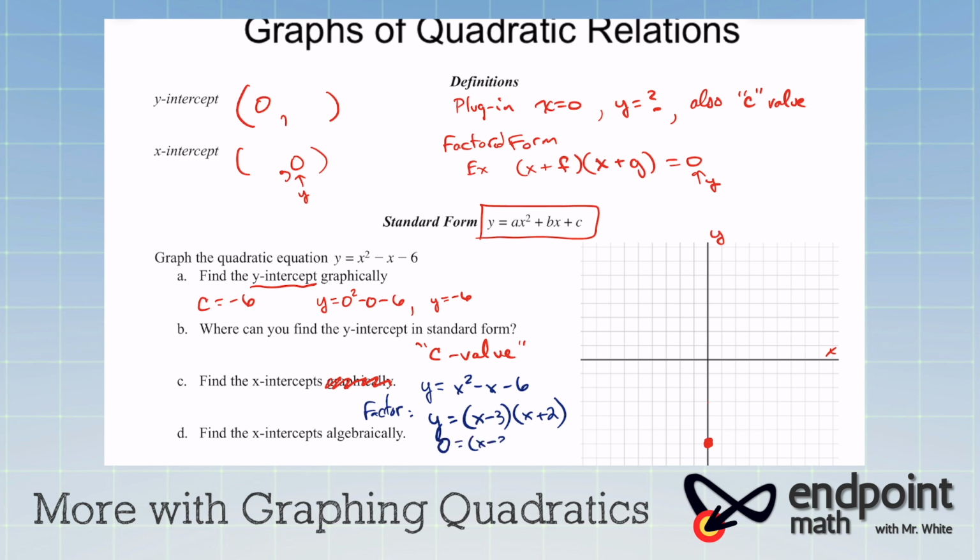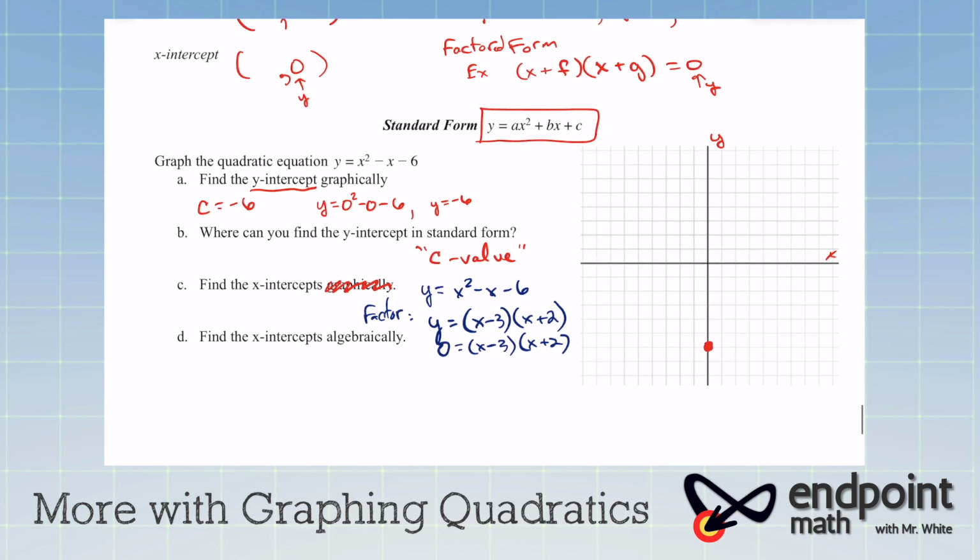And you remember earlier when you were solving quadratic equations and it's set equal to 0, what do you do? You just set each factor to 0. So x minus 3 could be 0, or x plus 2 could be 0 is another solution.